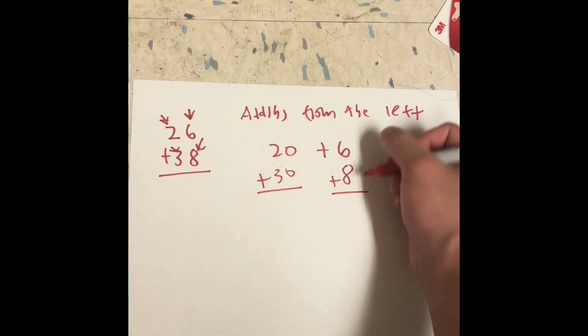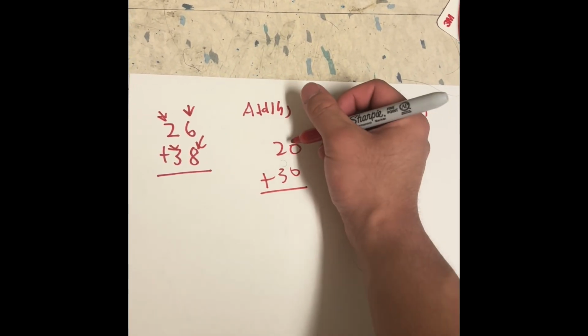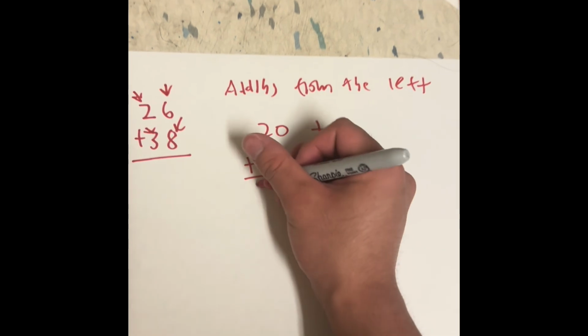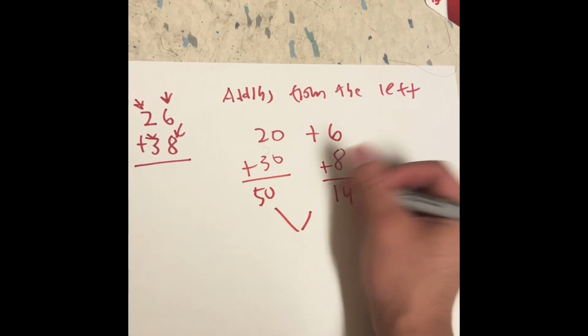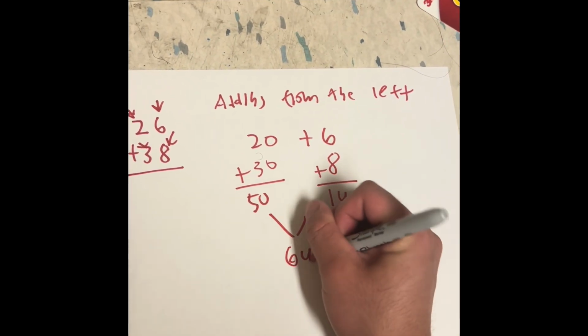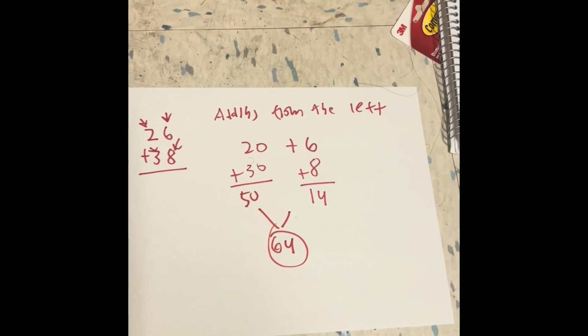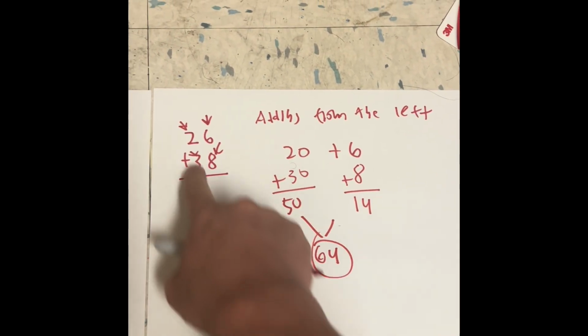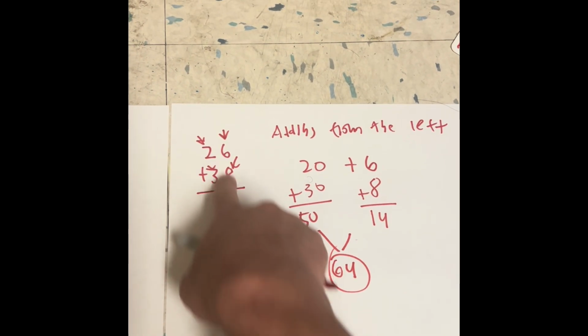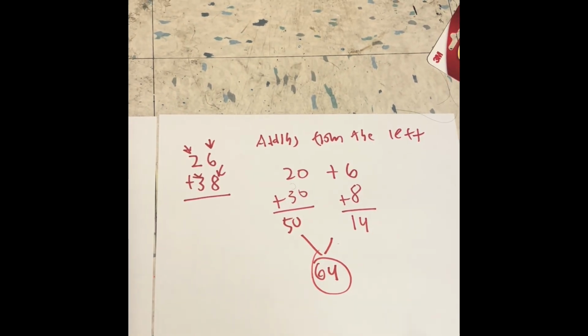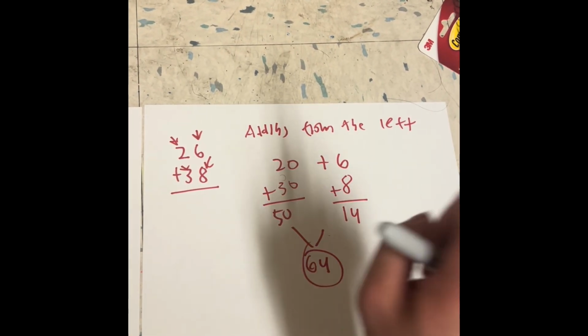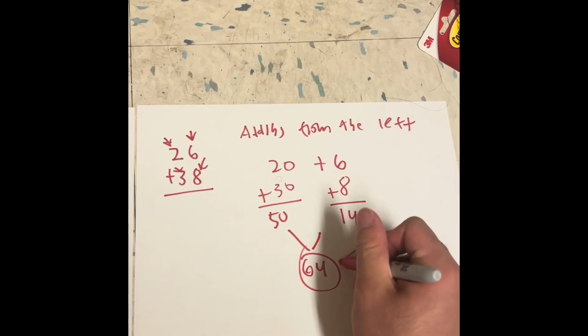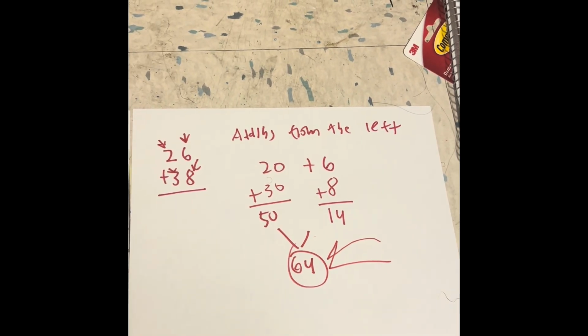So 6 plus 8 is 14, and 20 plus 30 is 50. So 50 plus 14 is 64. So this is called adding from the left because we try to reconfigure this equation into an addition of 10s and an addition of 1s, and that's how we get our answer.